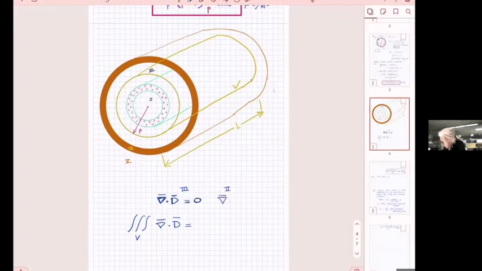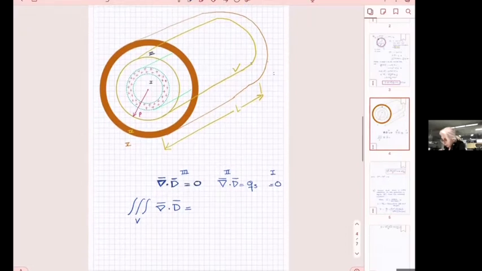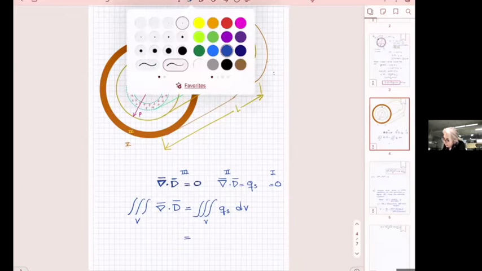This one equals Q sub S. And in 1 equals 0 again. So when I take this volume that incorporates all of area 2, then practically it is going to be the volume integral of this Q sub S dV, and this is the total charge in this area 2, which is, this is area 2.